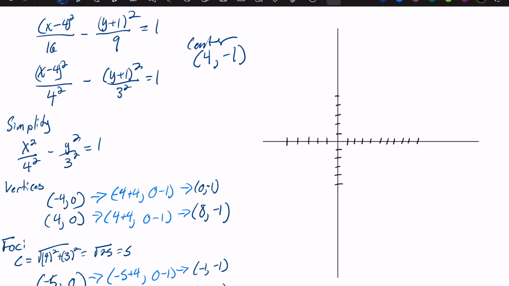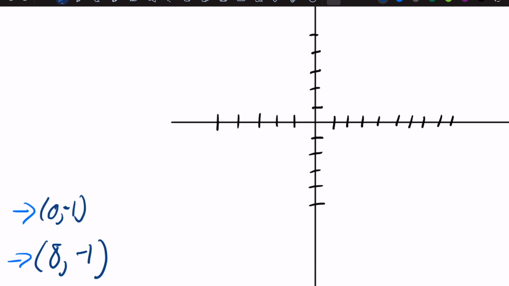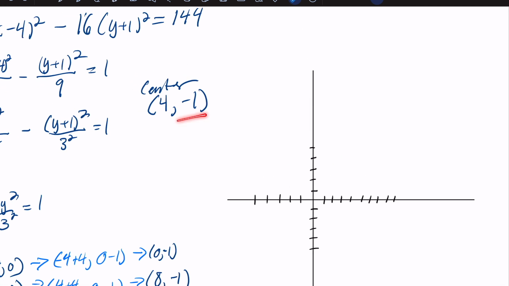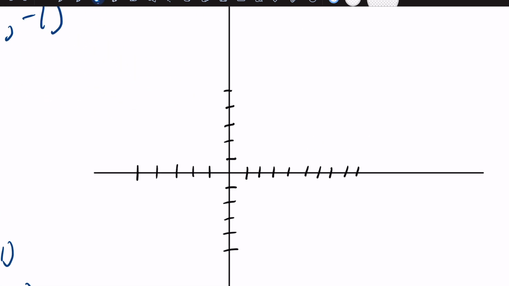All right, so here we have a little bit more room to work. And here we have our first point, our center, at 4, negative 1. So 1, 2, 3, 4, and negative 1. So right here. So this is at 4 minus 1.